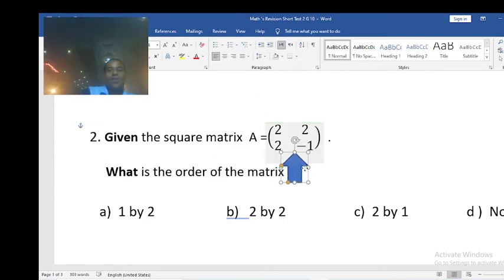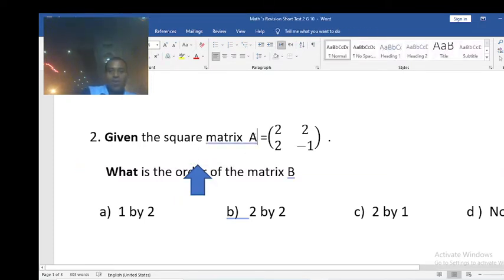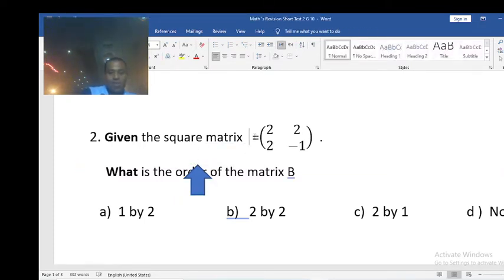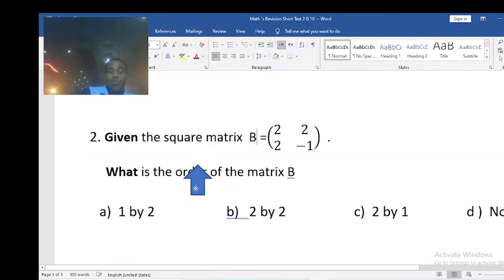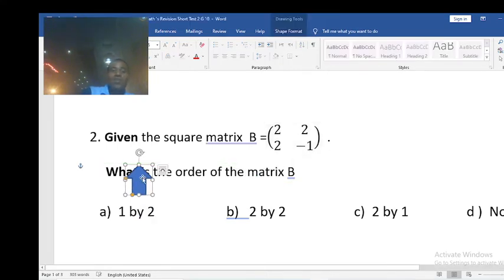If the question is dealing with the order of this matrix, you should write the number of rows multiplied by the number of columns. The first option, in your opinion, is 1 by 2. If it is 1 by 2, it means we have only 1 row and 2 columns. But look at your matrix, you have 2 rows and 2 columns. So the first option doesn't satisfy my answer.